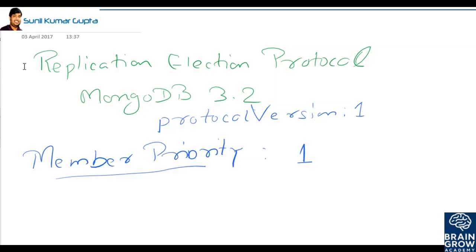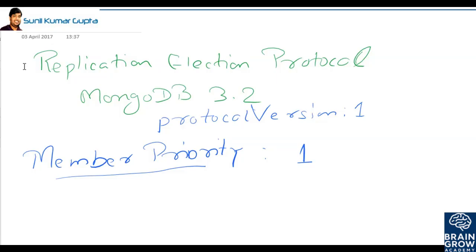It follows an election algorithm to make a best effort to find the best priority secondary, so that it can become primary in case of any mishap with the primary.